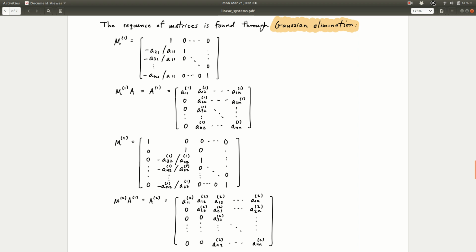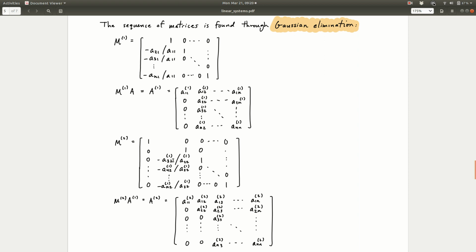So it's the third column multiplied by the second column here. So you get minus A32. It's 0 times A12, which is 0.